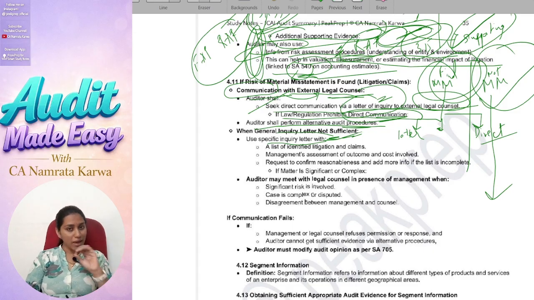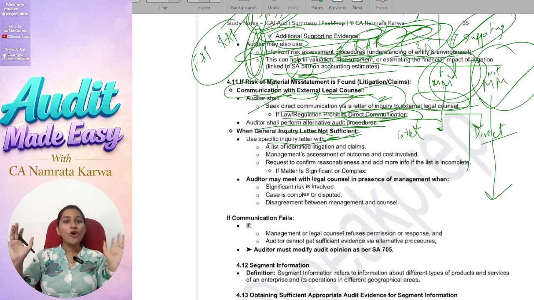But there may be a few situations where the matter is really important and there are too many things that you need to make sure about. In that case, only cut and paste will not work for you.